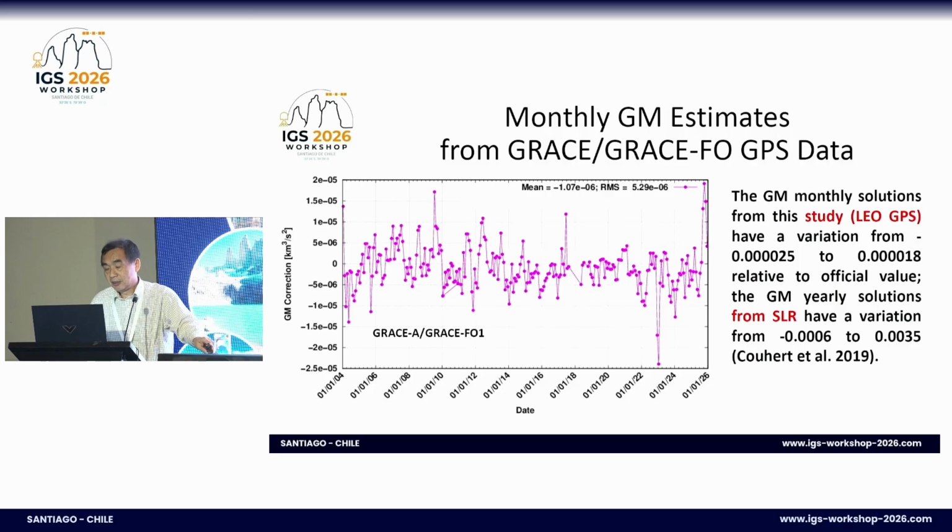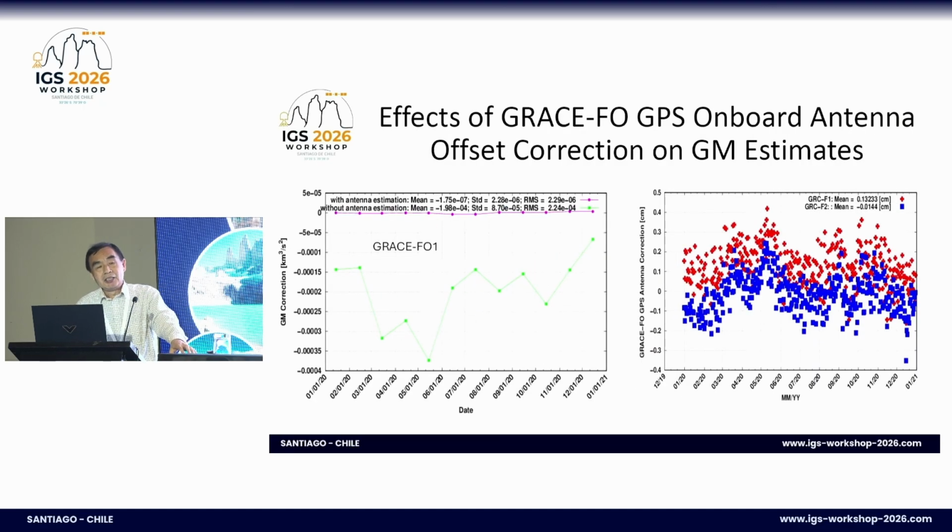Okay. So based on equation 2, the GM depends very much on how good your orbit is, particularly in the radial direction. If you have a radial direction bias, then your GM is biased. Therefore, here I show you the effect from the antenna offset.